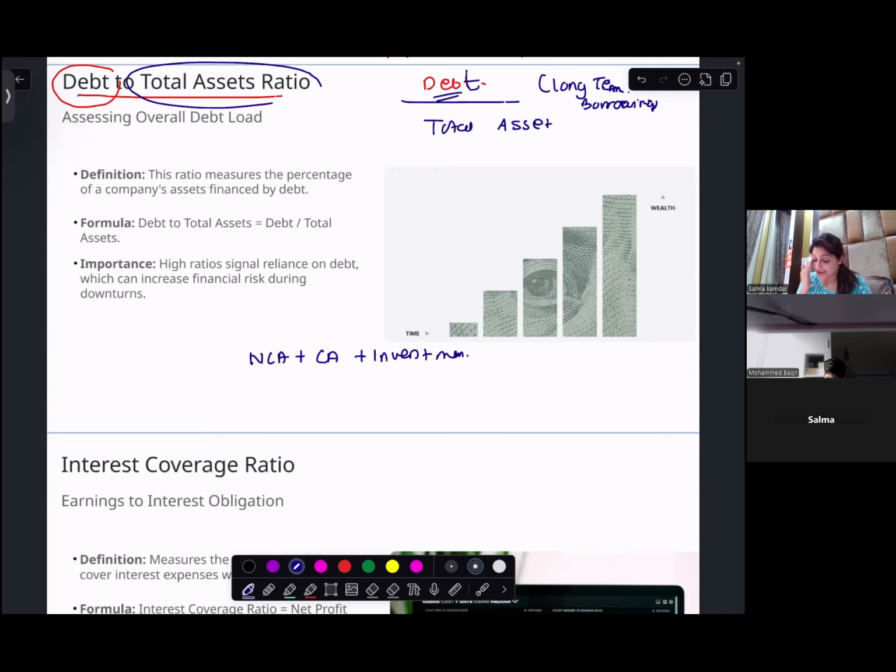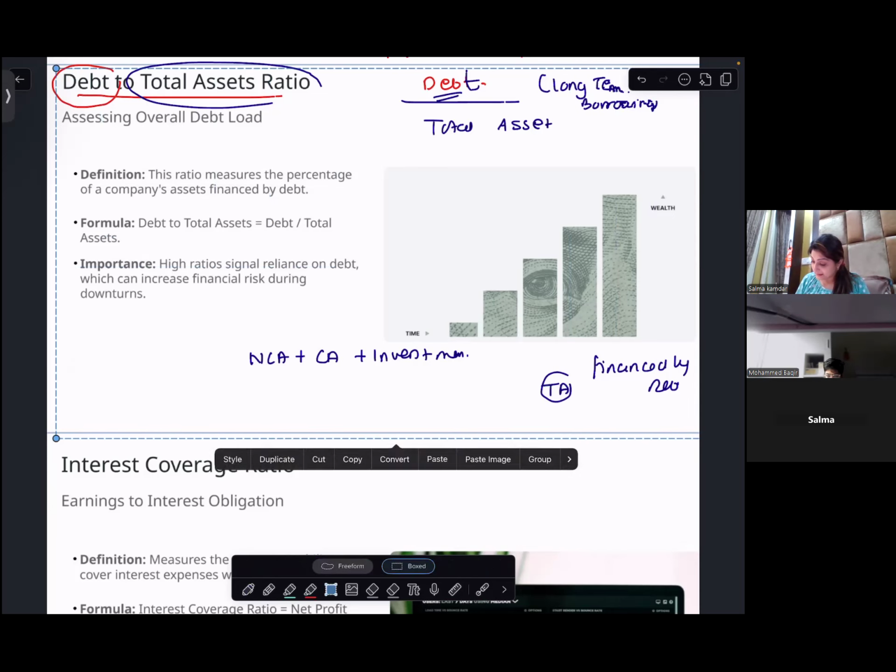Debt to total assets. This ratio tells you how much of your total assets is financed by debt. If you have a higher percentage of this, that means you're relying more on outsiders' money to get your total assets. Are you with me?